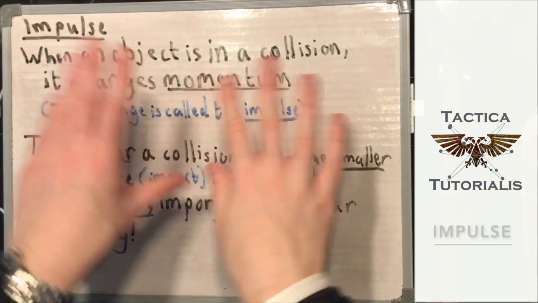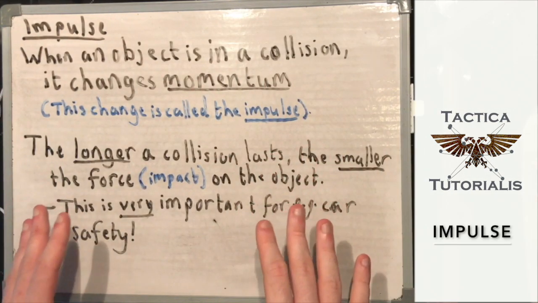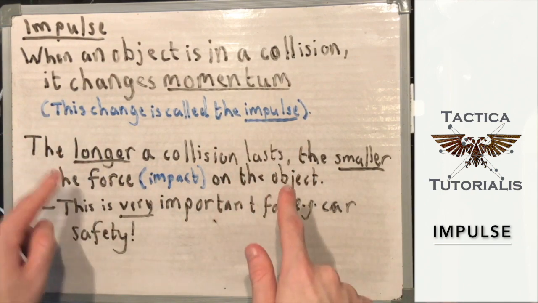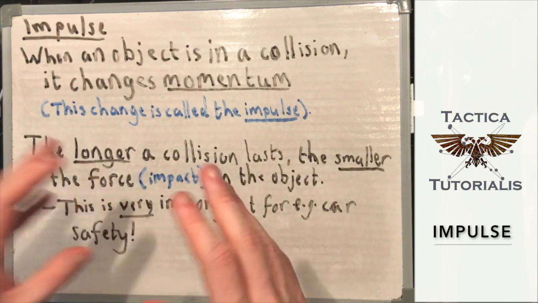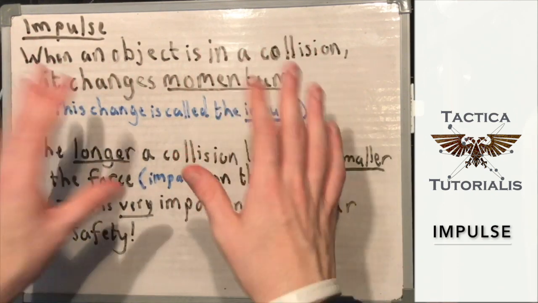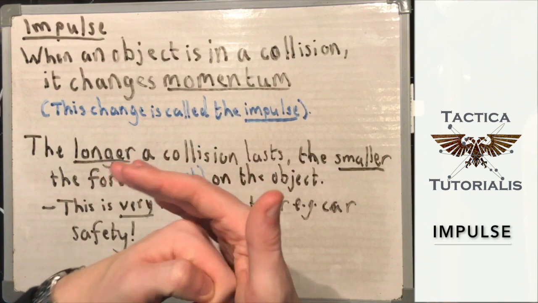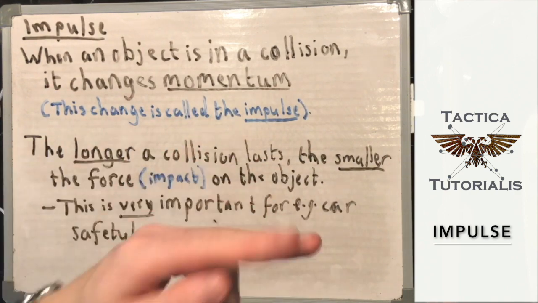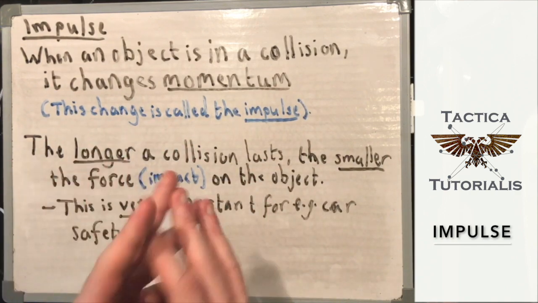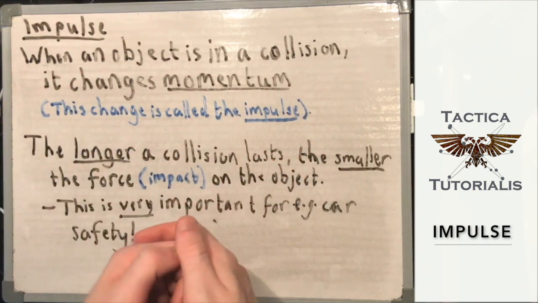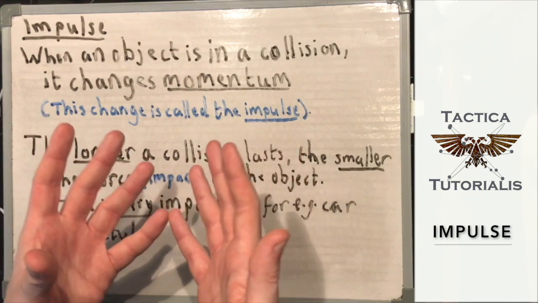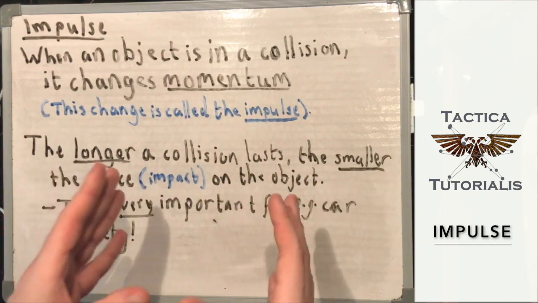So here are the key notes that I'd like you to take down from today's lesson. The bits in blue you don't have to take, but they are useful to have, I think. So when an object is in a collision, that could be a car crashing into a wall, that could be a cricket ball being hit by a bat, it could be any number of things where something bangs into something else, a collision happens, there is a change in momentum.